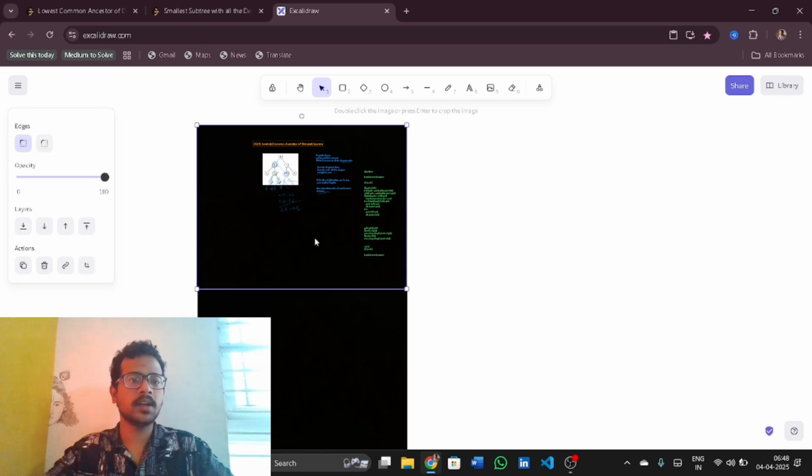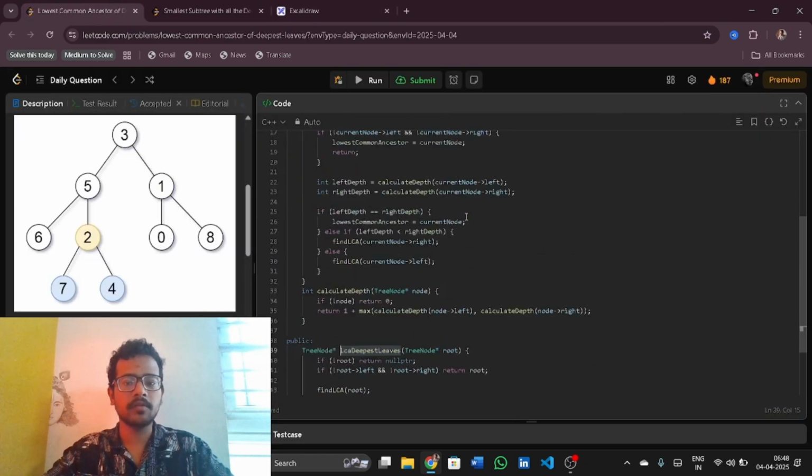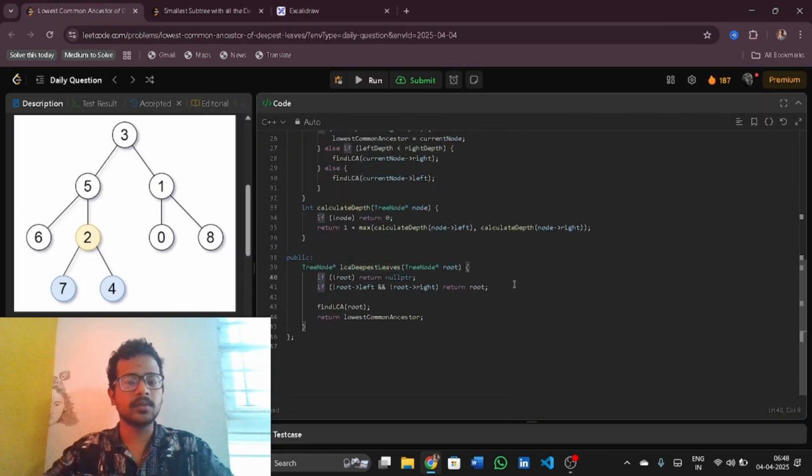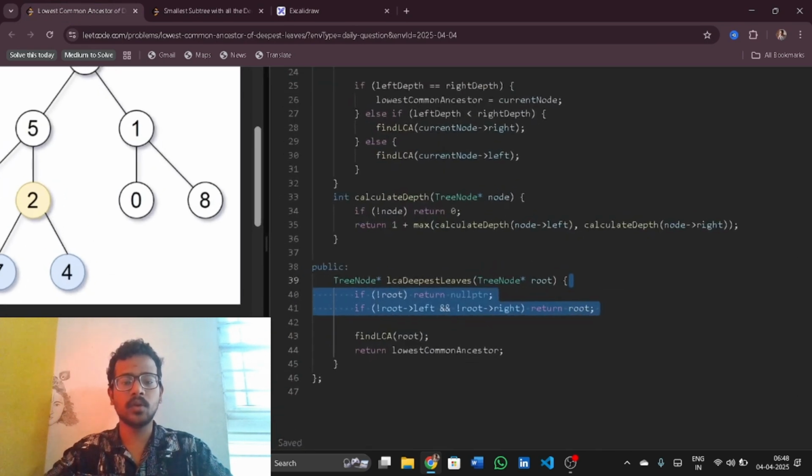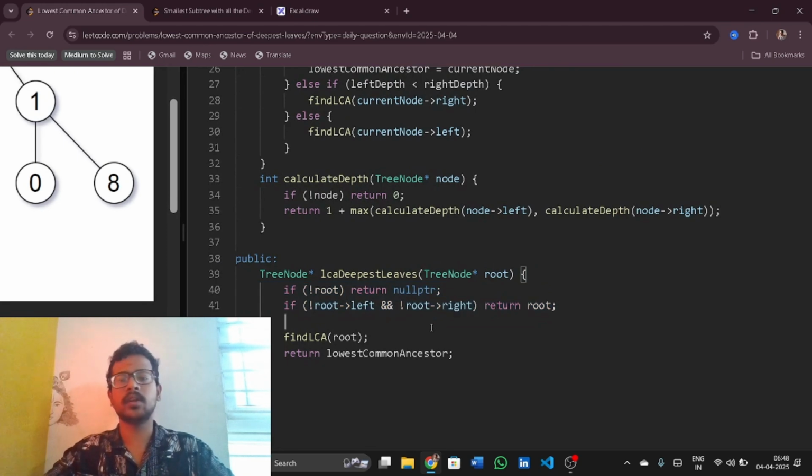So let me explain the code here. First thing, as I said, these are the edge cases: if there is no root node, then I will return a null pointer. If there are no left and no right children, then I will return the root node. Now find LCA.